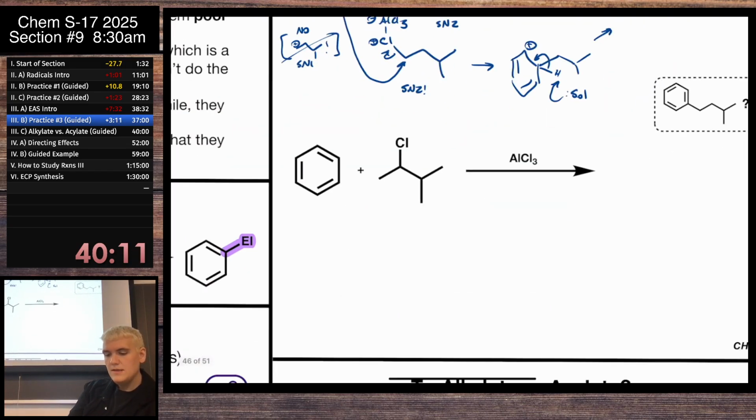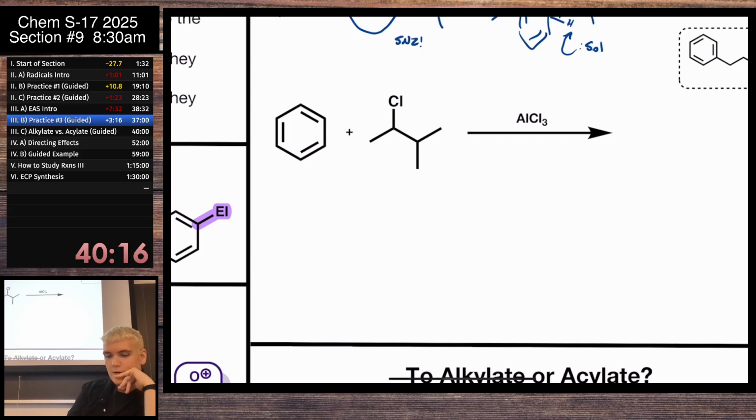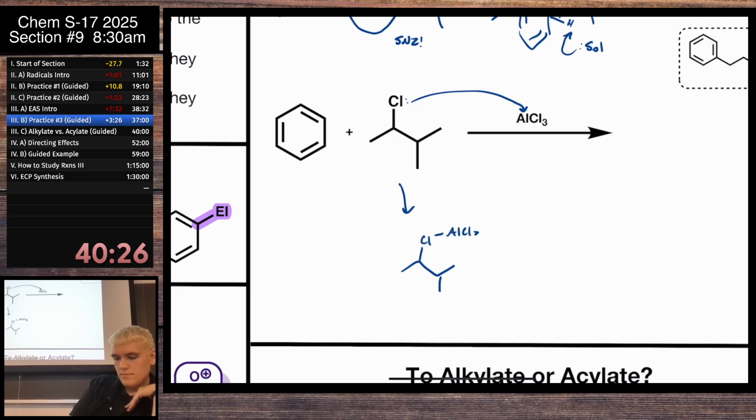But then let's look at this one. We associate first. And then is it going to do SN1 or SN2? Well, it's going to form what type of carbocation?